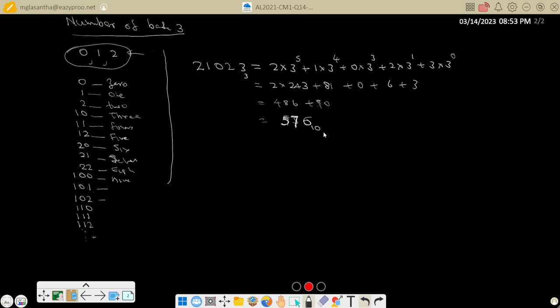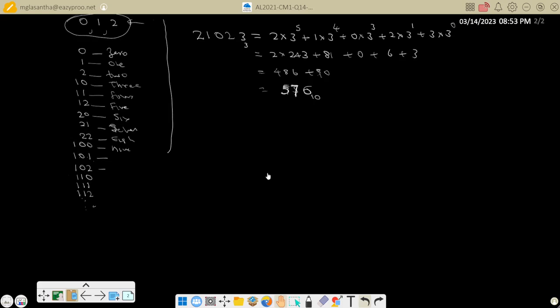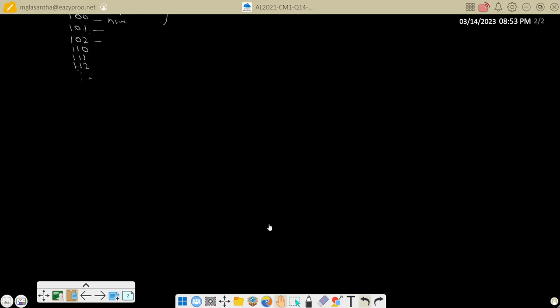Likewise, how do you develop binary number system? How do you write in binary? The binary number systems are the numbers of the base 2, binary numbers.